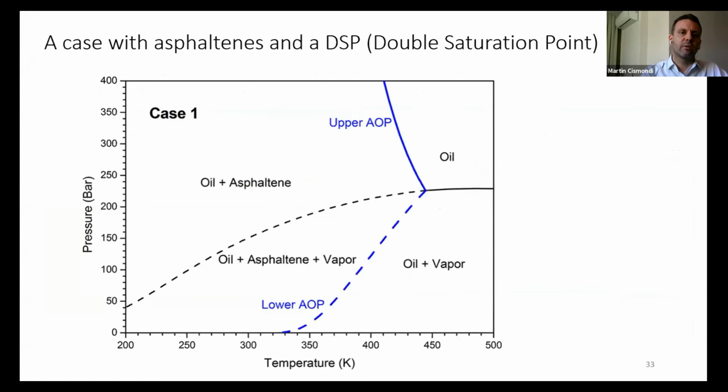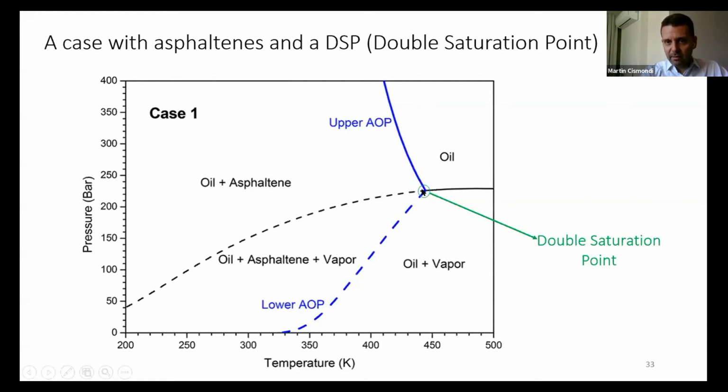If we focus on this region of interest, we have the double saturation point here. In this case, coming from the oil stable region, in these points on the black line, a bubble of gas would appear, so that's a bubble point. And here on the blue line, the first droplet of the asphaltenic phase would be formed.